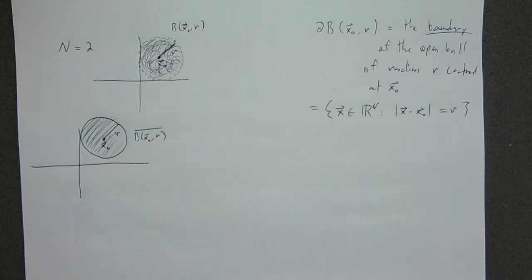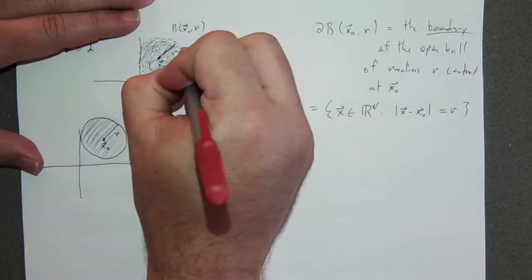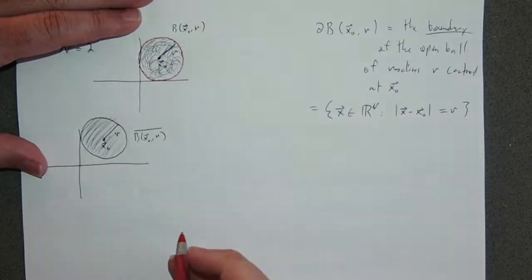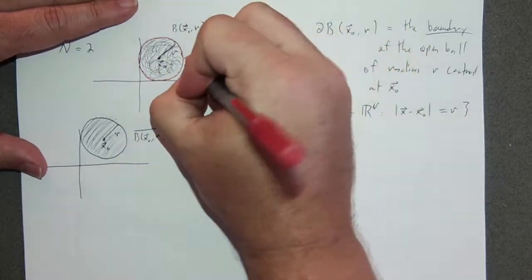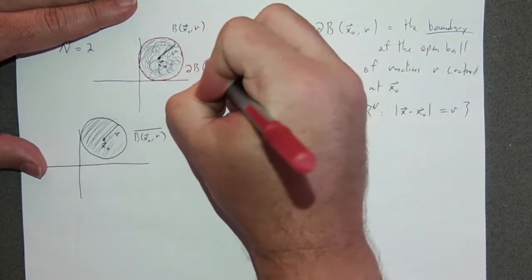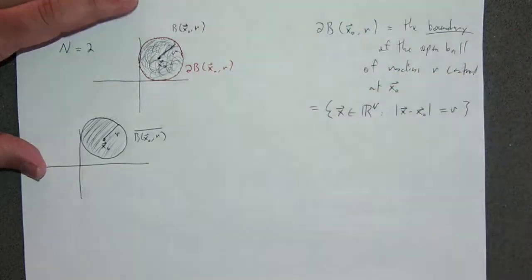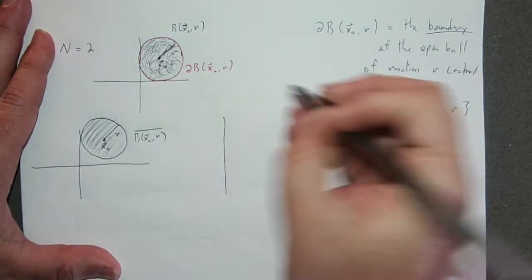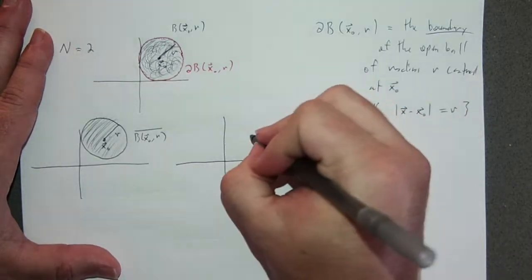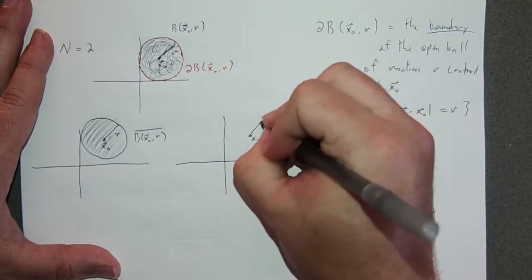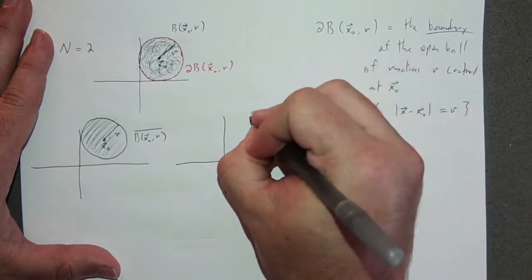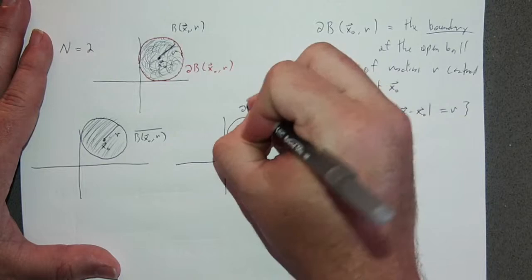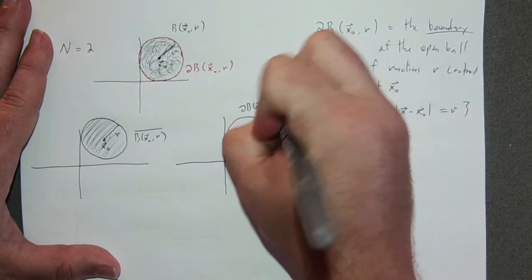So in the n equals 2 case, the boundary is exactly this boundary circle, and that's it. It's only the boundary circle. So what points are included? It's only the points on the boundary, nothing else. So if I were to draw that, here's x naught, here's r. The boundary is just the points belonging to that boundary circle.